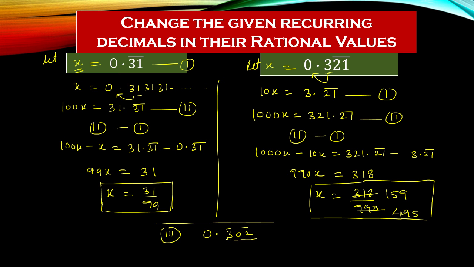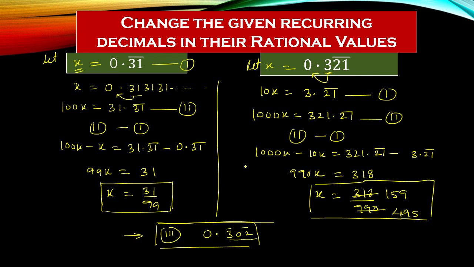So we can say three digits are under the bar, that is 302. So this example can be done by considering all three digits under the bar, and for that we have to multiply equation 1 by 1000 to shift all three digits towards the left side. That should be the process for the third example.